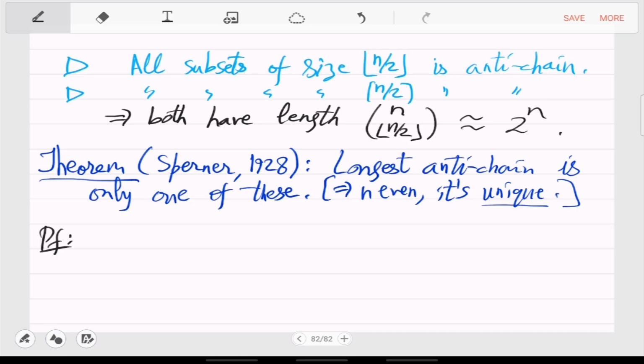So we'll actually prove some relationship between chains and anti-chains. We'll develop some theory and then this result will follow.